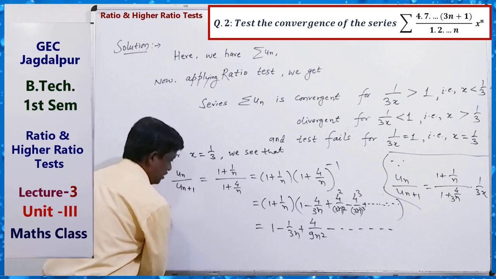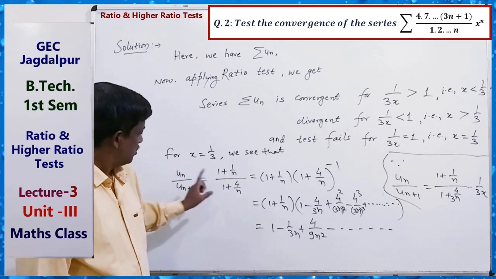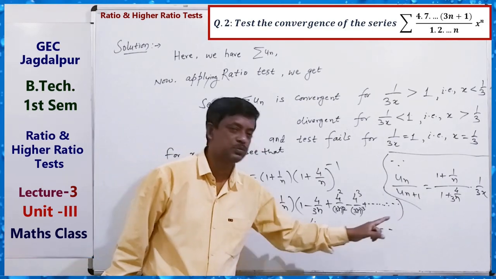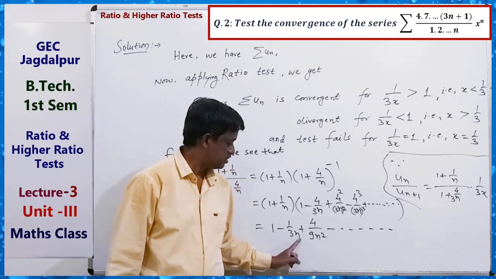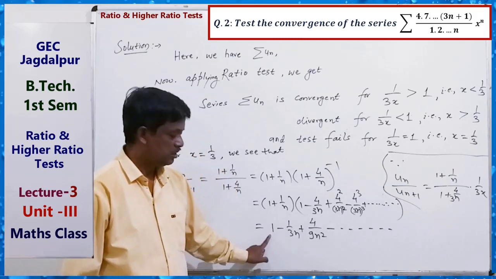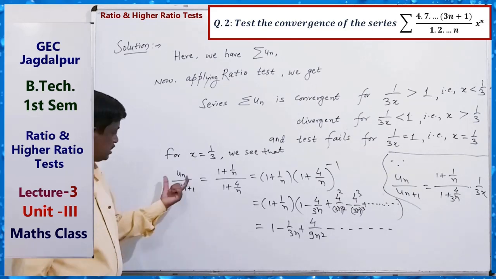So u_n by u_{n+1} is expressed in series form having 1 by n terms, meaning the denominator will contain n. Here the first term is 1. For Raabe's test we know n into (u_n upon u_{n+1} minus 1).